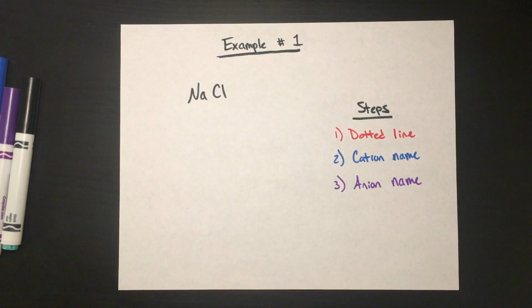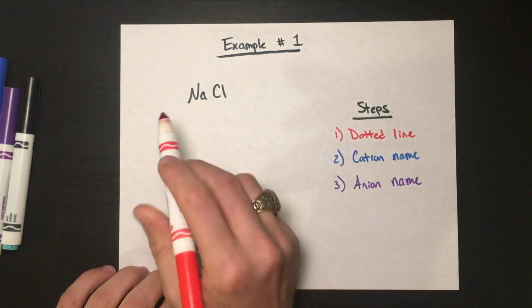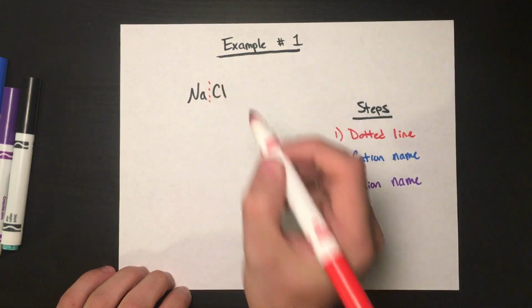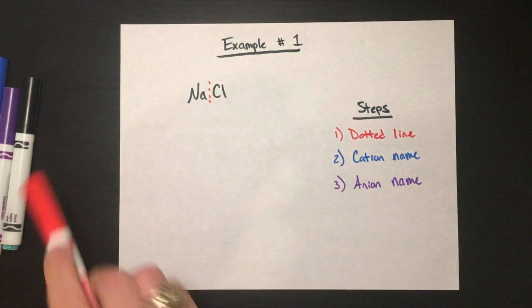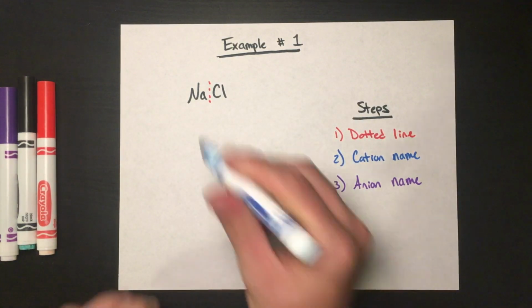Okay, so let's start out with a simpler one. So this compound, NaCl, has two different parts. So you draw the line between the cation and the anion. So this separates it so that we know that we're going to have two different parts. Then the cation in this case is sodium, Na.